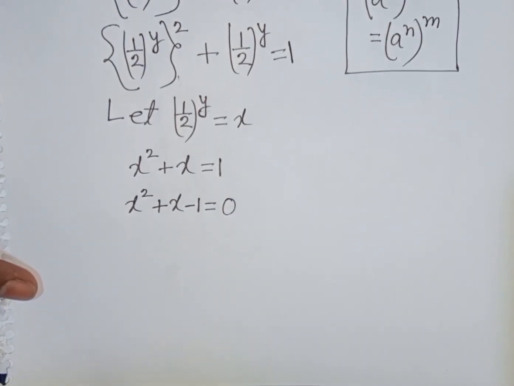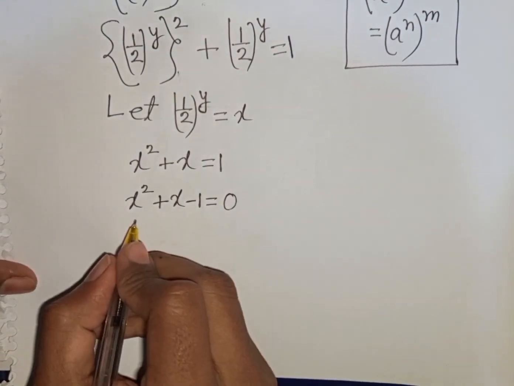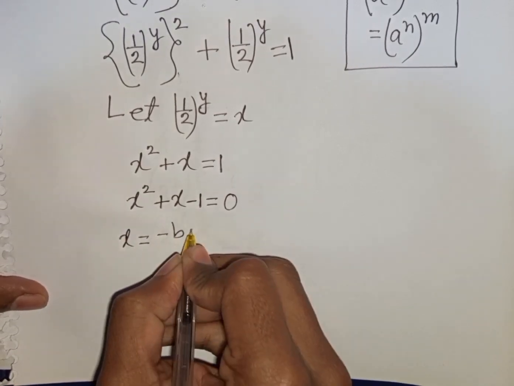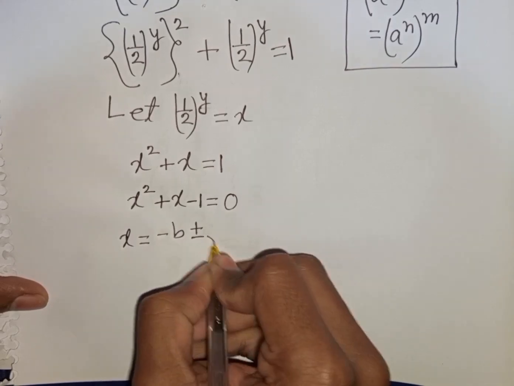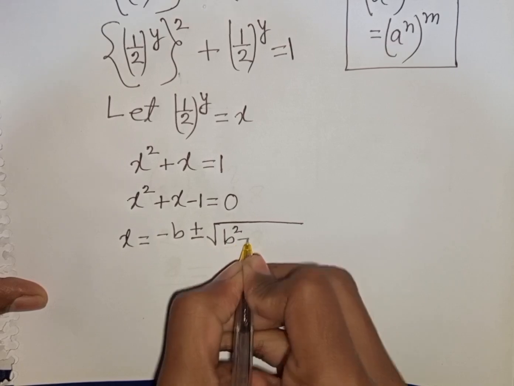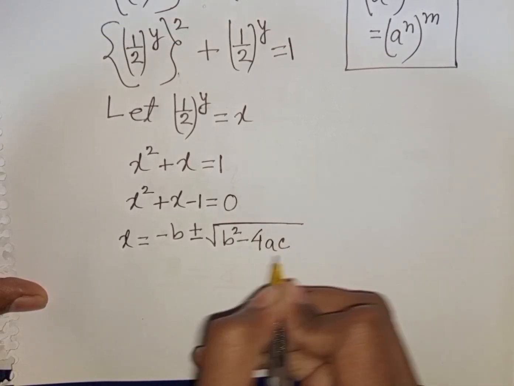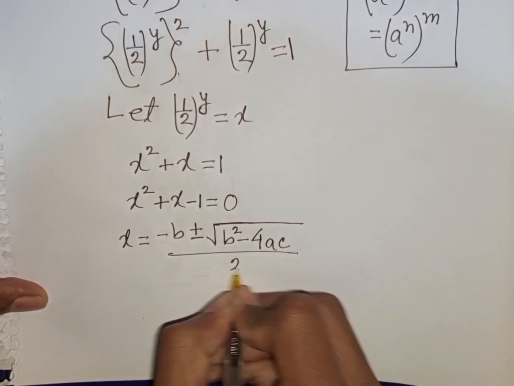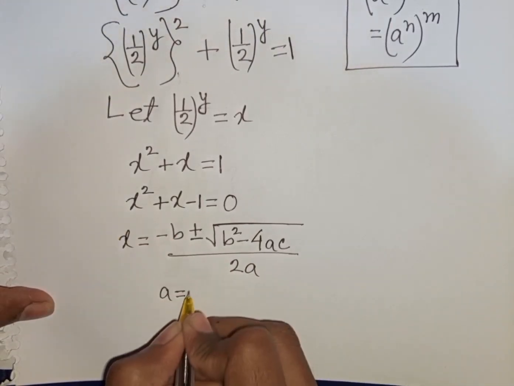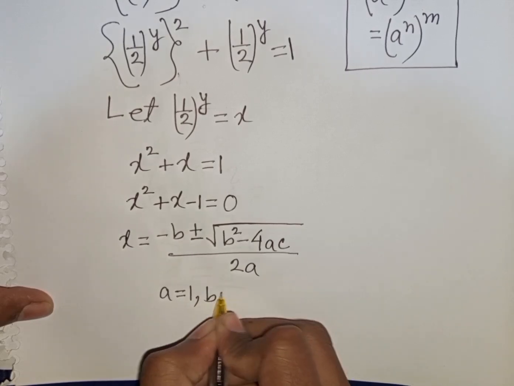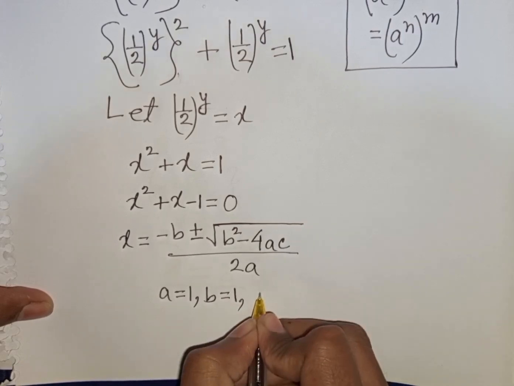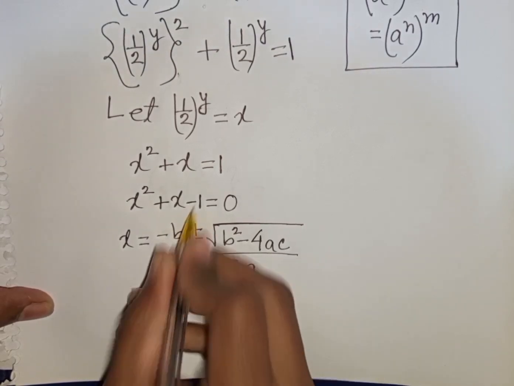Now here you can apply the quadratic formula. So you can write x is equal to minus b plus or minus square root of b^2 minus 4ac, divided by 2a. Here a will be equal to 1, b will be equal to 1, and c will be equal to negative 1.